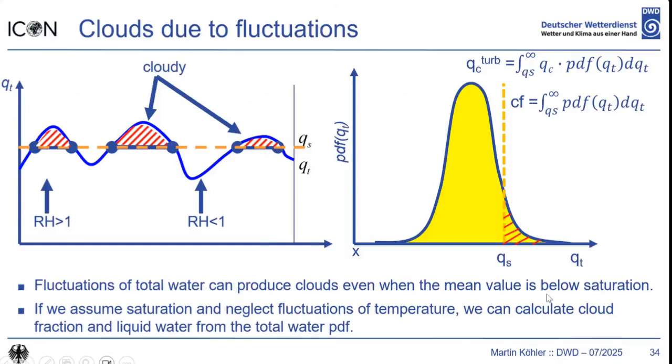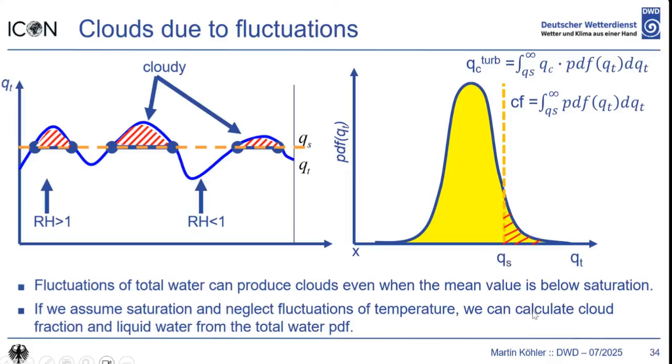You can also describe that with a PDF of total water. So I have drawn some kind of semi-Gaussian PDF, which is maybe similar to what we're using. And again, if you put your saturation mixing ratio, QS, on the bottom scale, then you can read off on the right-hand side the shaded area. That's all cloud.